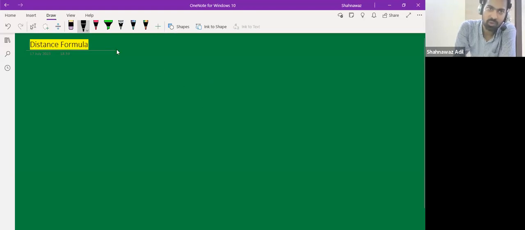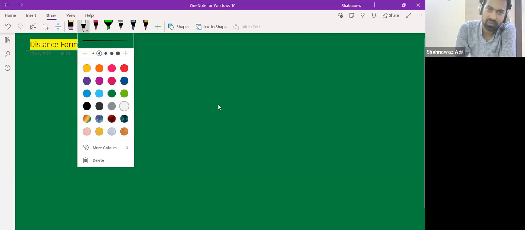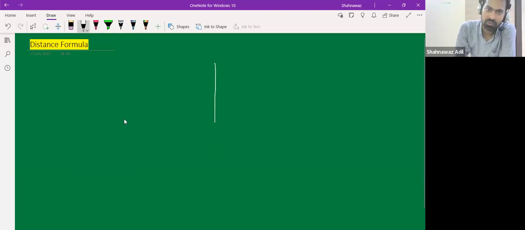If we want to locate some point on the graph, we divide this x-axis into equal units, and then we also divide this y-axis into equal units.